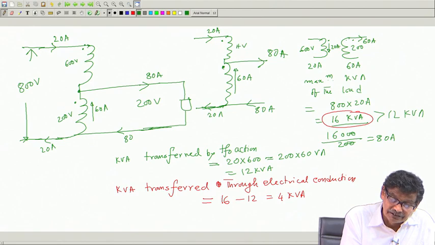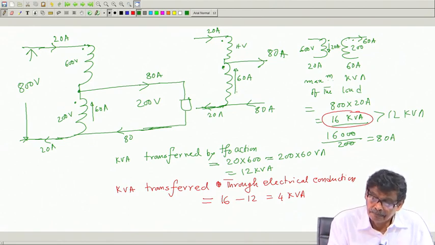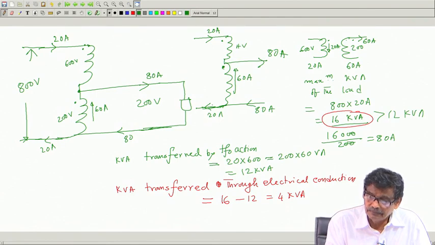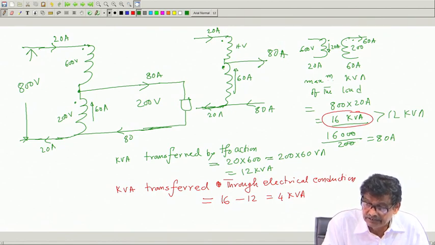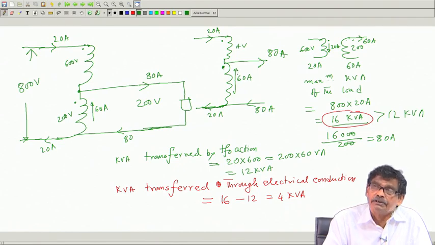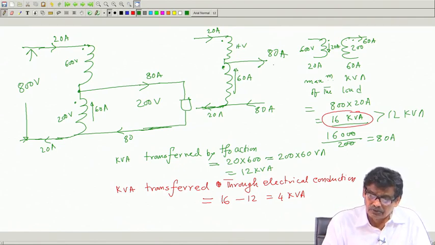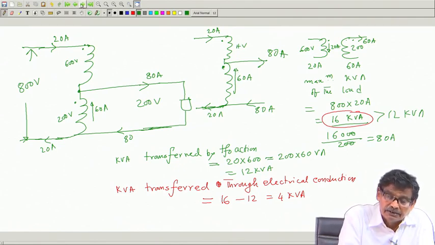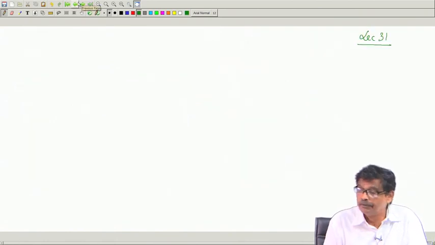The moment you decide that current, the other part of the winding, which has its own identity, with no common portion, has its current fixed, and then the total current follows. Anyway, please try and solve many problems.